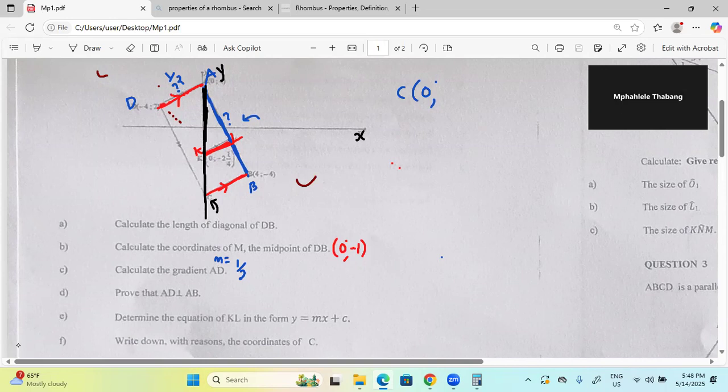The x coordinate is 0. How can I find the y coordinate? Oh, okay, this line is perpendicular to this line. But what does he want, this guy?